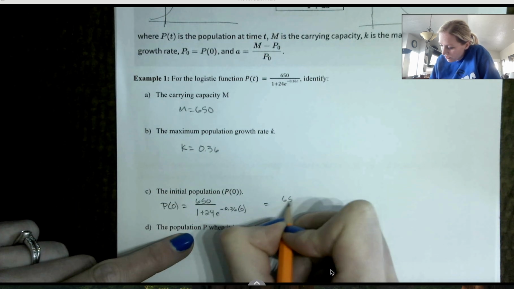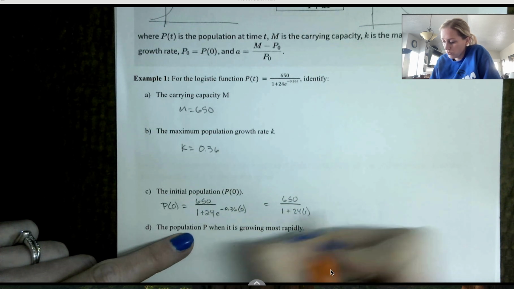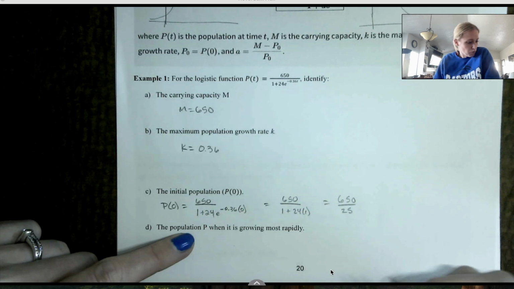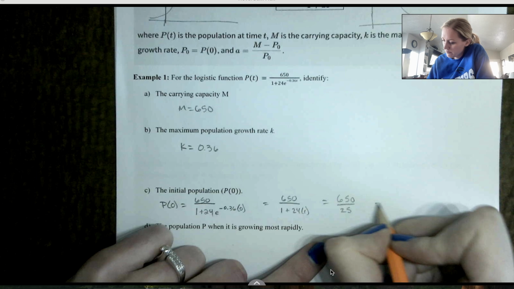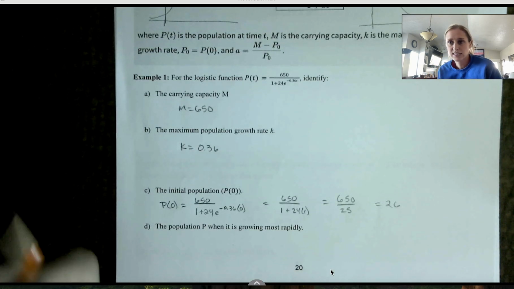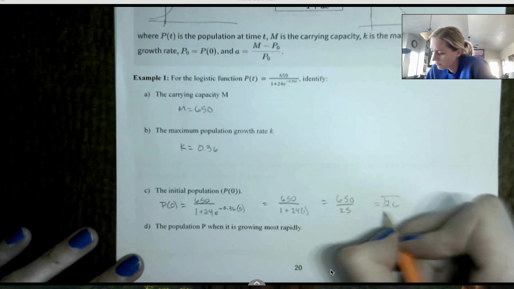So we have 650 over 1 plus 24 times 1, which is 24. So 650 divided by 25 gives us 26. That means there were initially 26 individuals in this population. We don't know if it's people, animals, or bacteria, but there were 26 individuals at the start of this model.